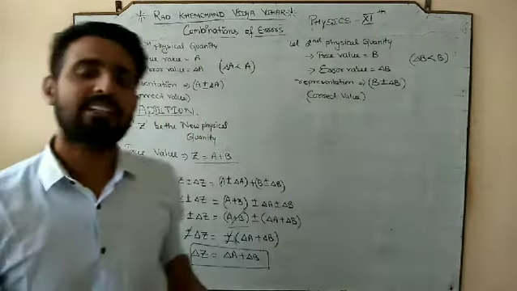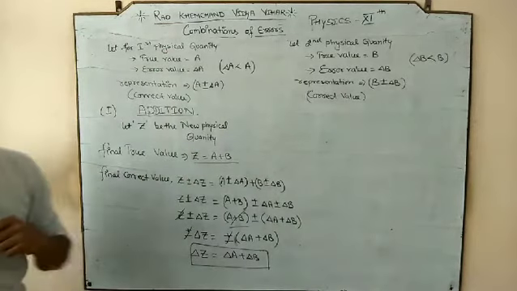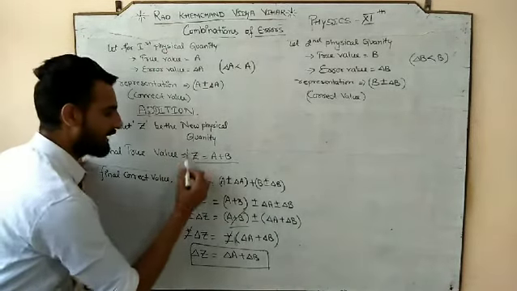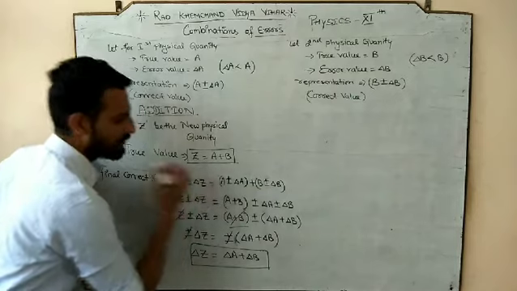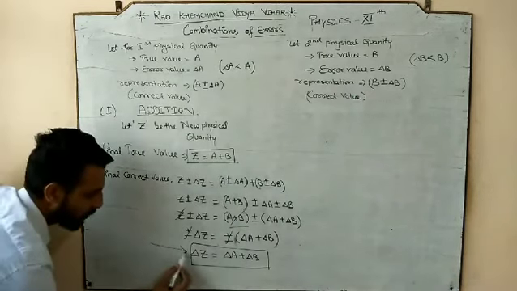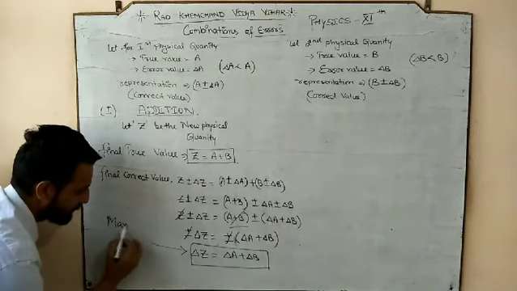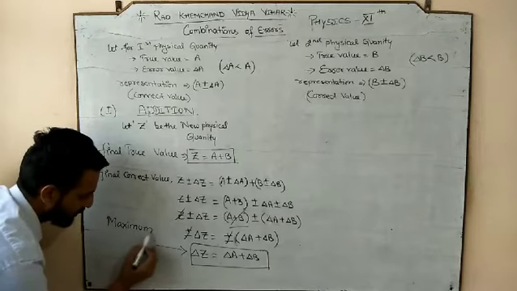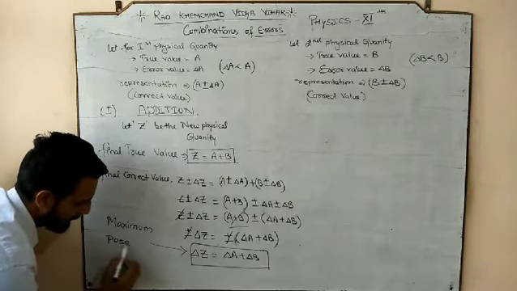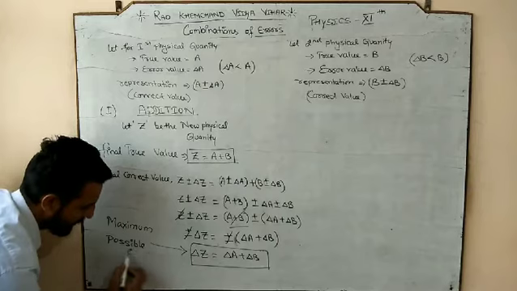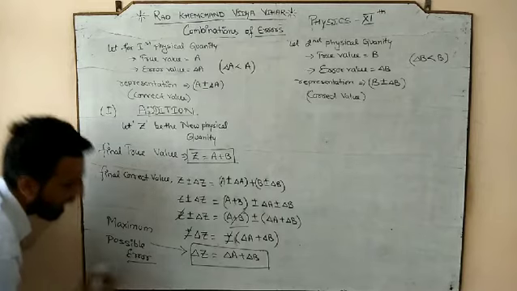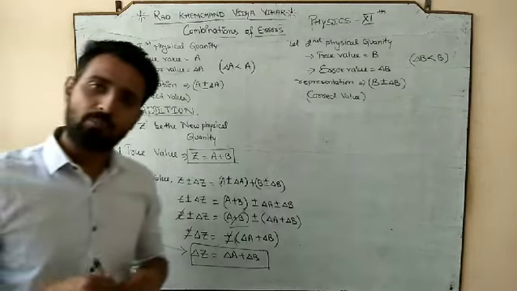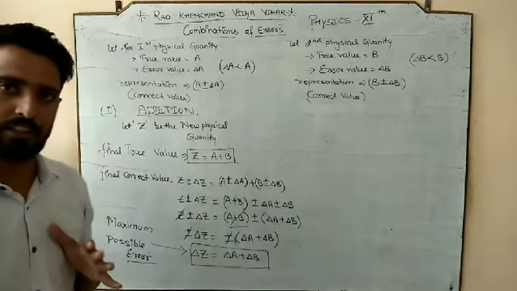Means during the addition the true value also adds, and the error also adds. So this is your maximum possible error when we perform the addition operation among the two physical quantities.